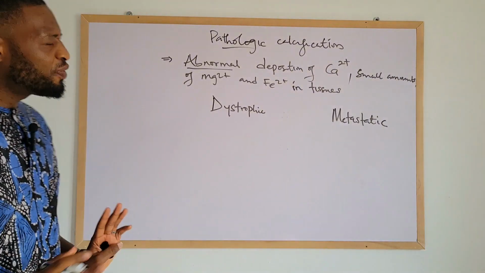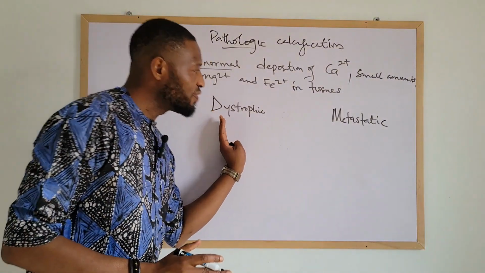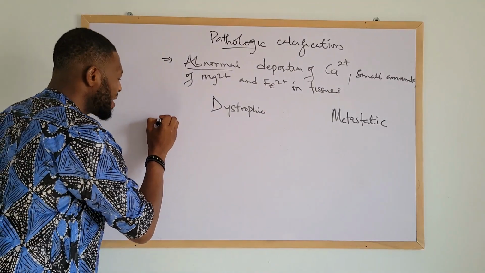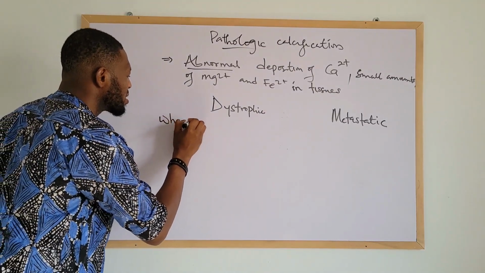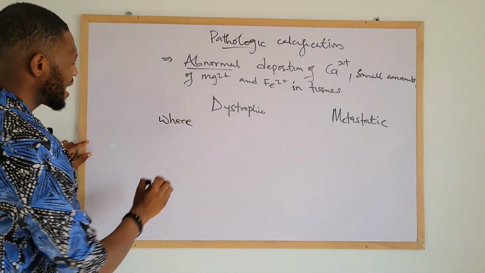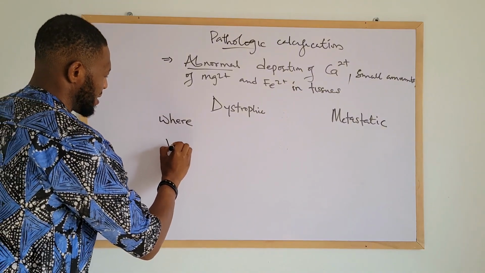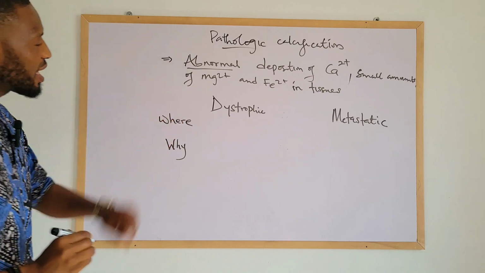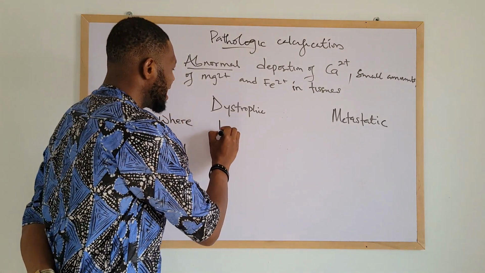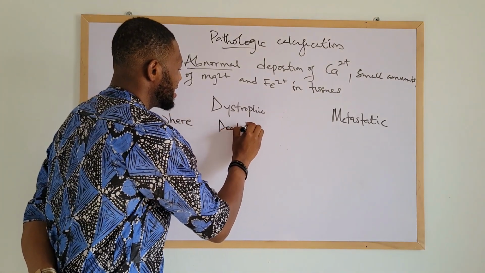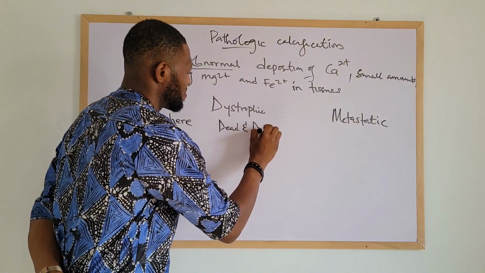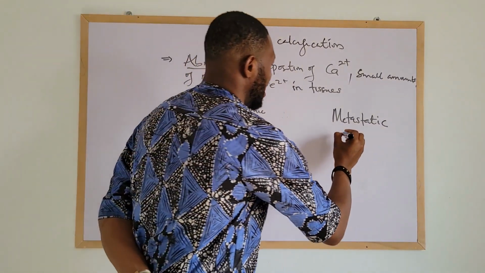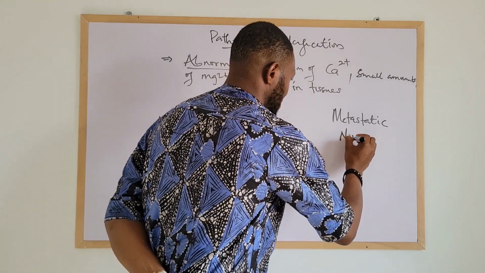And the major differences between dystrophic calcification and metastatic calcification include where it happens, and of course, why it happens. Dystrophic calcification happens in dead and dying tissues, while metastatic calcification happens in normal tissues.